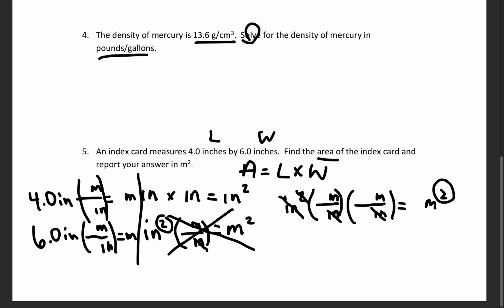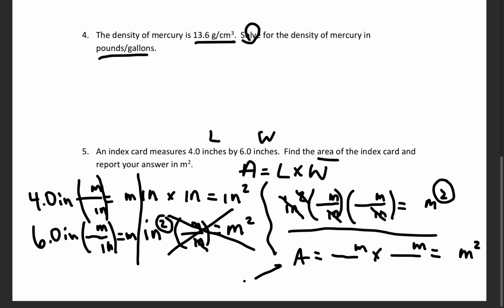And then you can use this equation to calculate it. So area will equal whatever that value is in meters times meters, and then you'll have here your meters squared. See, doing it this way, converting to meters first and then getting a meter squared, keeps you from potentially messing up here.